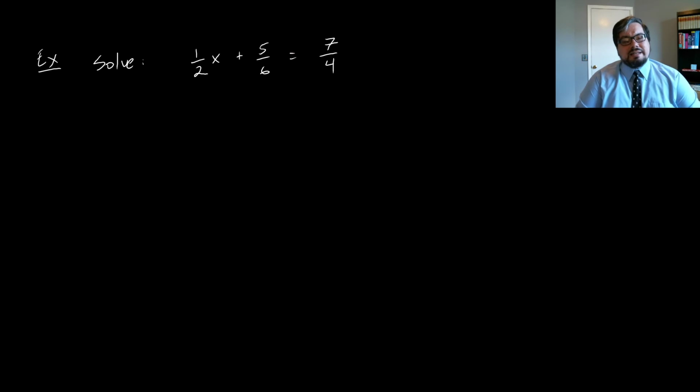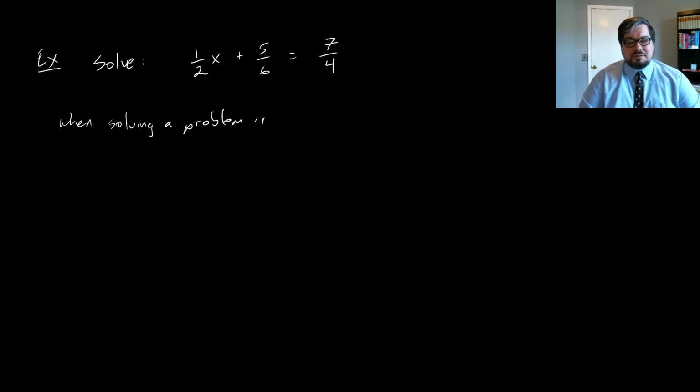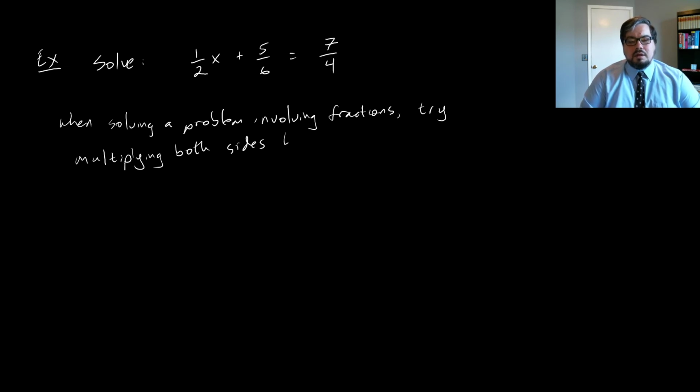A general technique, a trick that you can use to make your life easier is the following. When solving a problem involving fractions, you can always try multiplying both sides by the least common denominator of all the fractions.